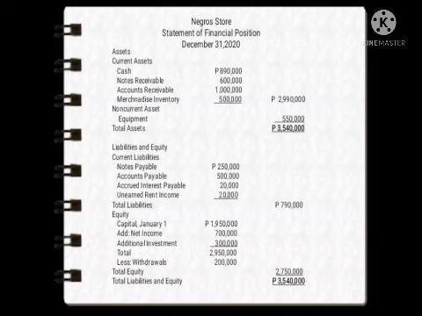The total equity is 2,750,000 pesos. So, the total liability and equity is 790,000 plus 2,750,000 is equal to 3,540,000 pesos. So, the total assets is equal to the total liabilities and equity.